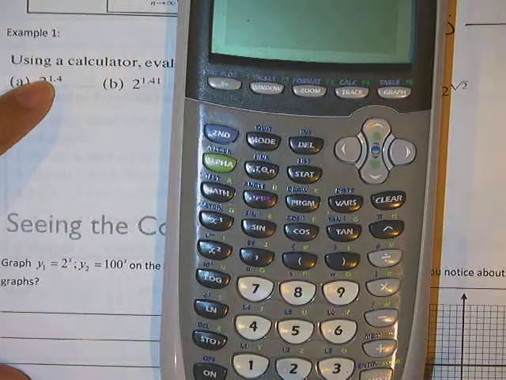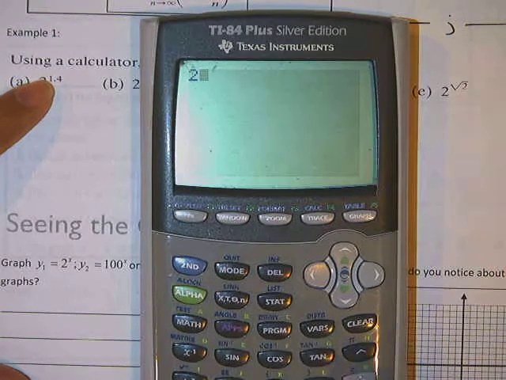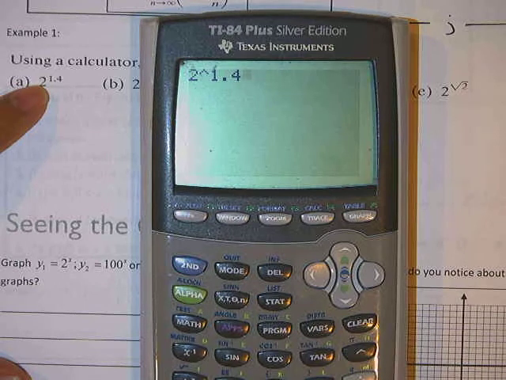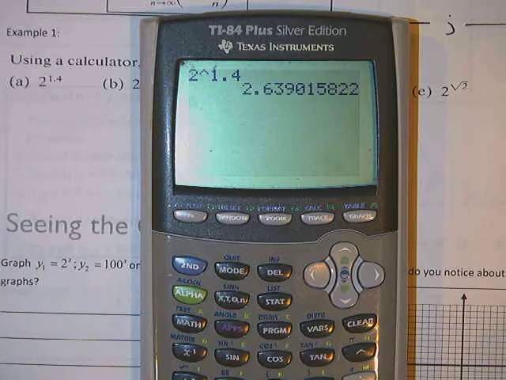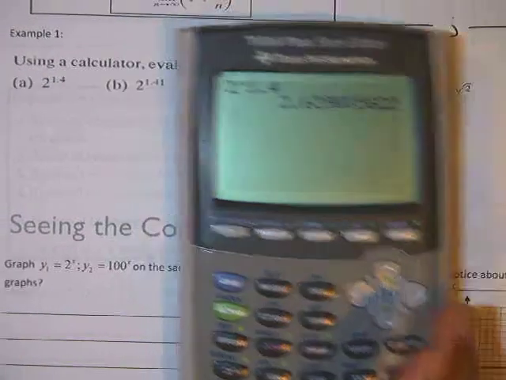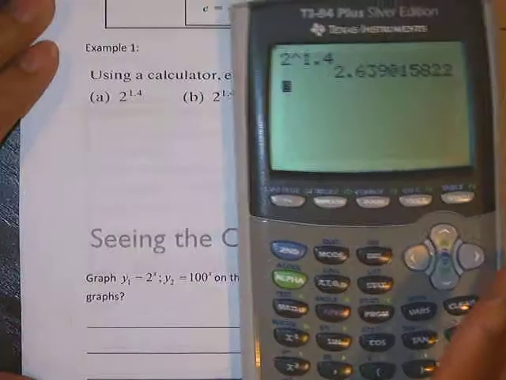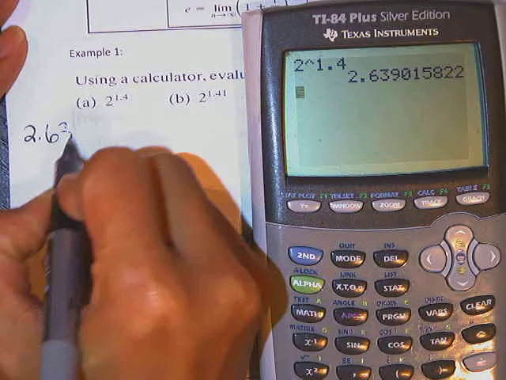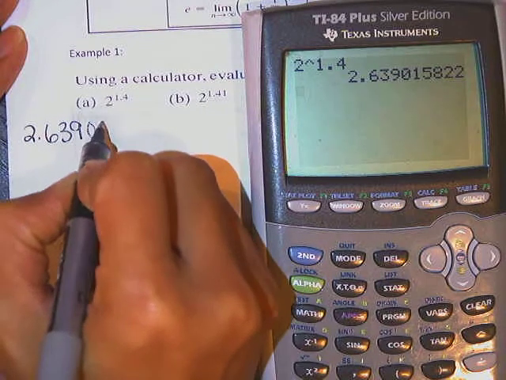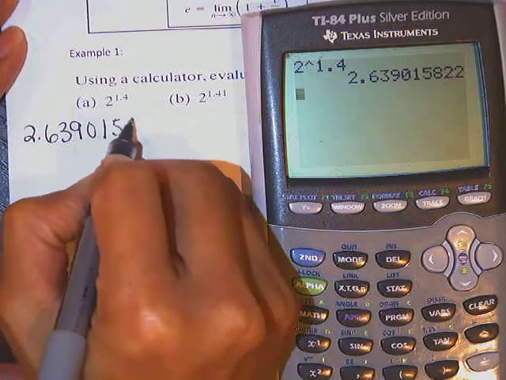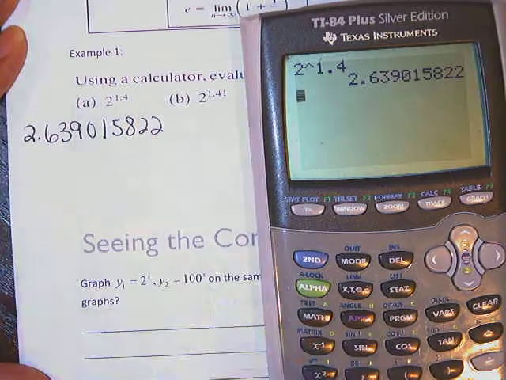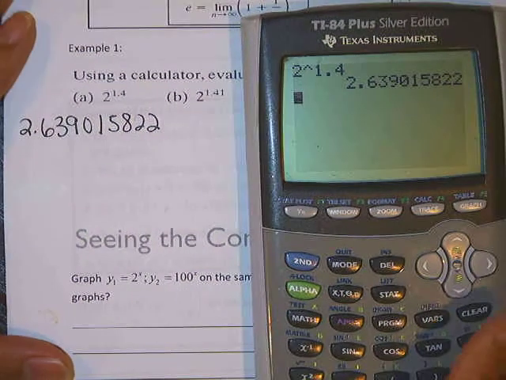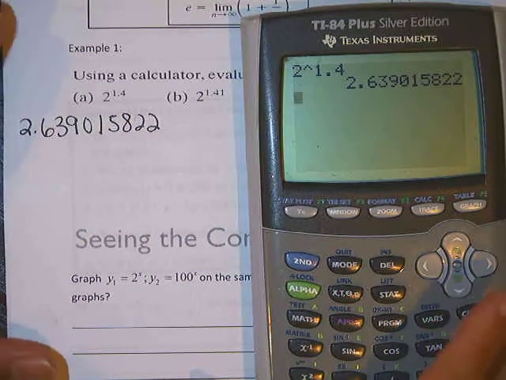I enter 2, caret, 1.4, equals. Don't round, write it all out: 2.639015822. So that's what we get for 2 to the 1.4 power.